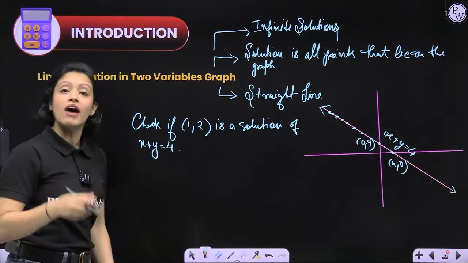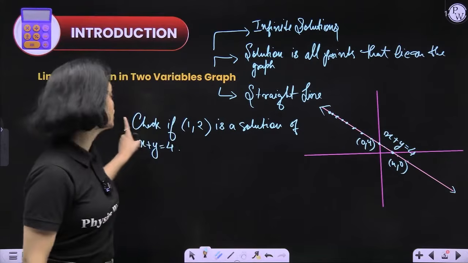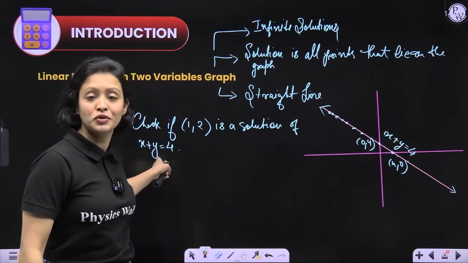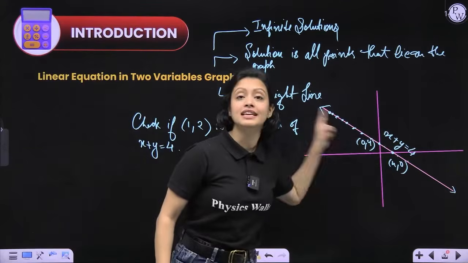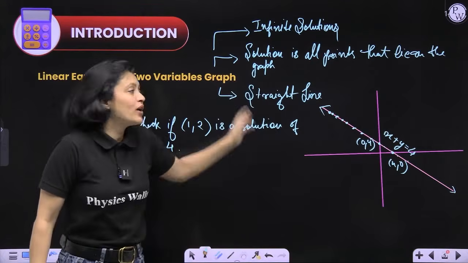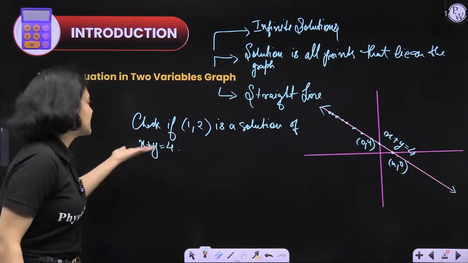So ask yourself, how will (1, 2) be a solution of this linear equation in two variables? It will only be a solution when this point lies on this graph. When will the point lie on the graph? When the point satisfies the linear equation.